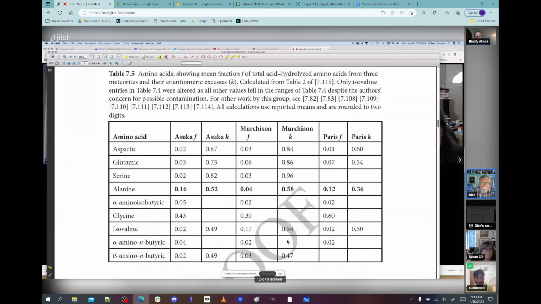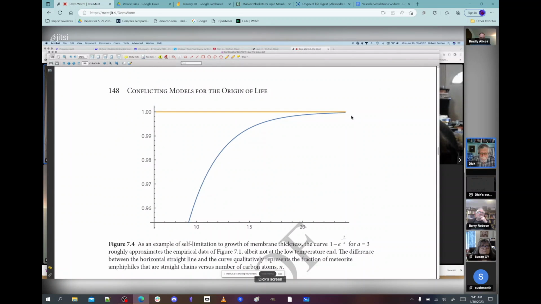Okay, so here's a simple model. If you look at the growth of the membrane, it saturates at some value, which we assume is the existing membranes, which fits with that thermal curve I showed you originally.